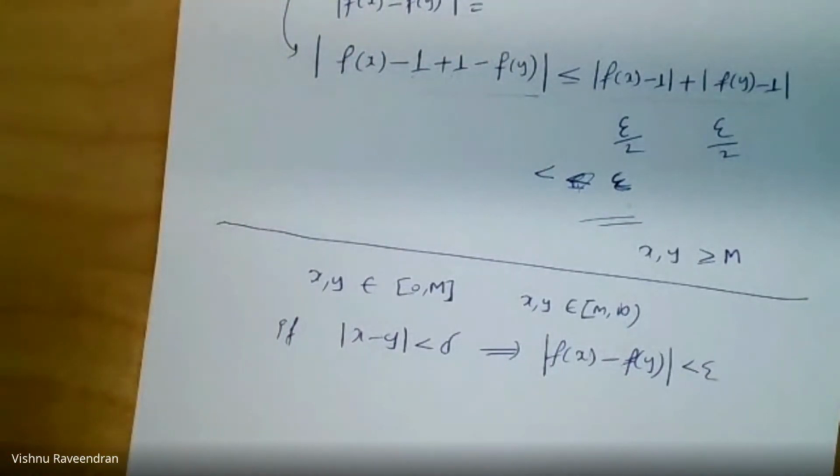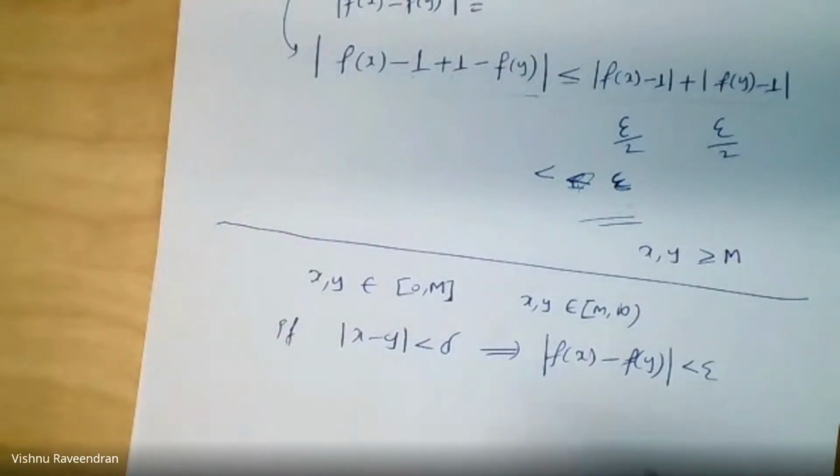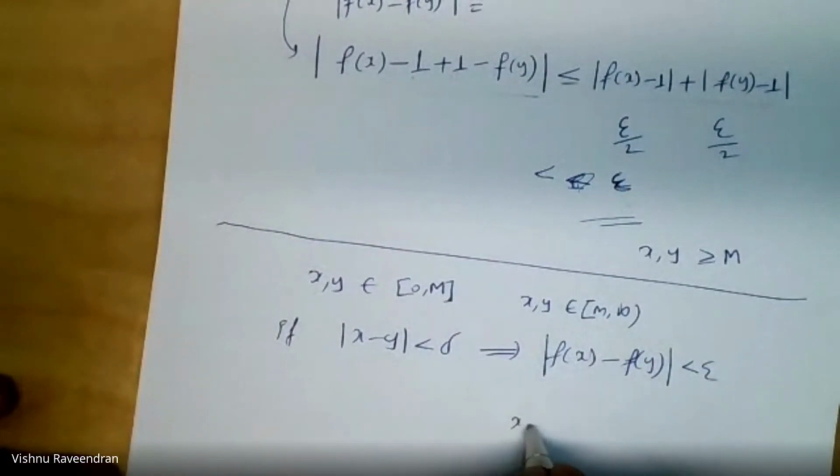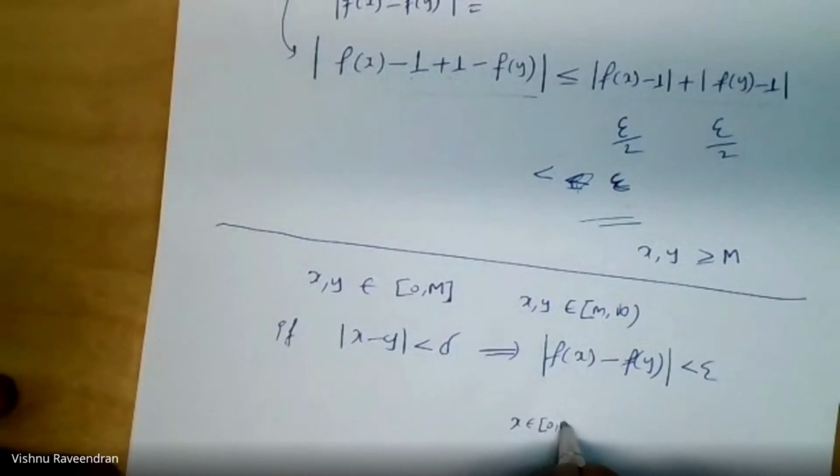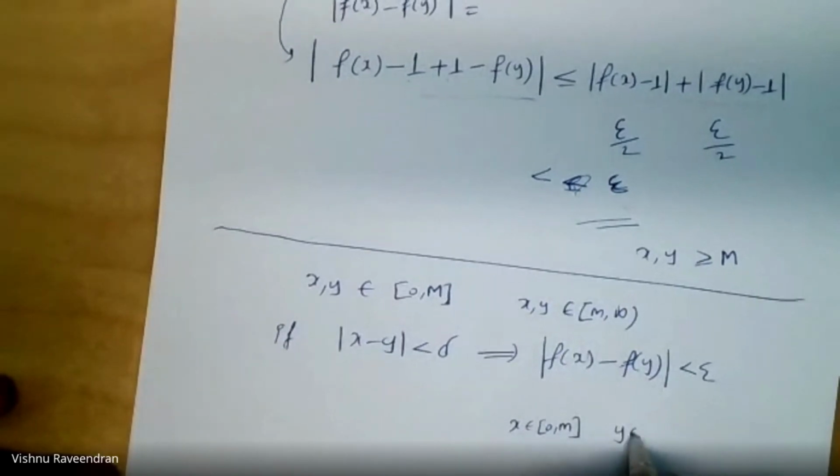This we have. Now the only thing remaining is what happens if x is between 0 to m and y is between m to infinity.